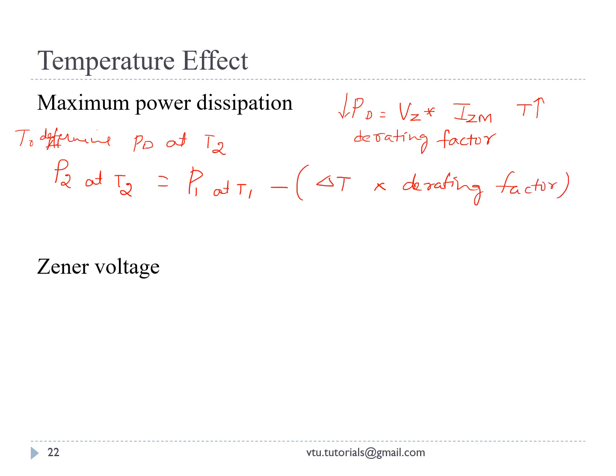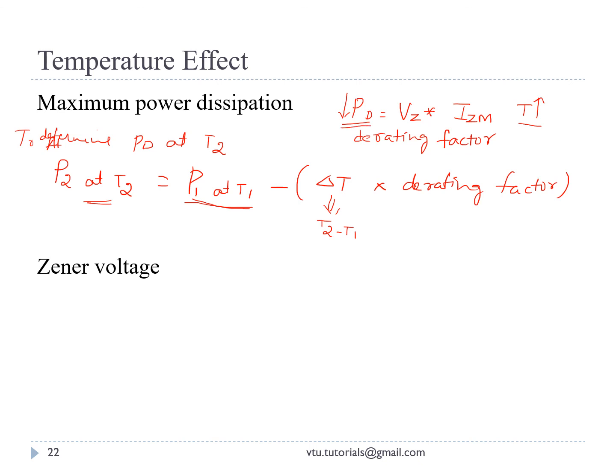So by knowing the power dissipation at some temperature T1, you can determine the power at some temperature T2 by using the derating factor and delta T. Here delta T is T2 minus T1, that is the change in temperature, and the derating factor is specified by the manufacturer. By knowing these two parameters, we can determine the power dissipated at temperature T2. In turn we can say, with a rise in temperature, there is a reduction in the power dissipation.